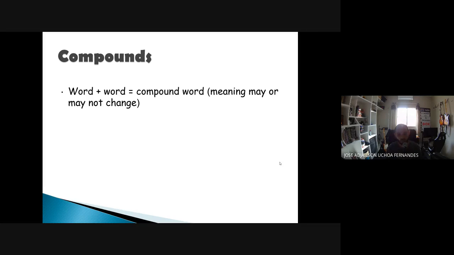In Portuguese, we have words like guarda-chuva, which is formed by means of a hyphen. In English, we have words with hyphens and not hyphenated as well. So we have word plus word, and then we have as a result a compound word. A classic example of a compound word is a house painted white. How do you call it? A house that is painted white, you say it is a White House?